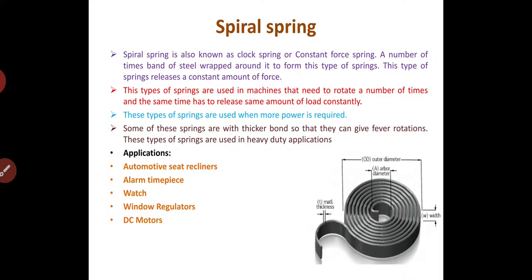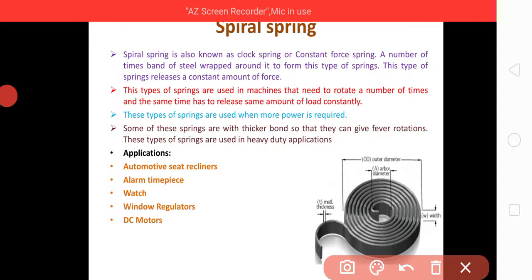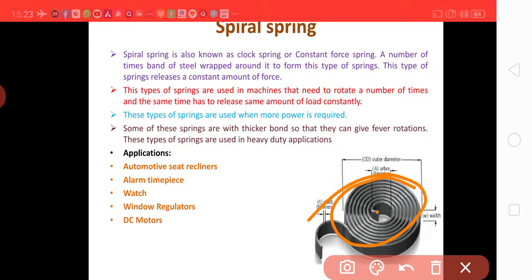A band of steel is wrapped around a number of times to form this type of spring. This is the spring. This type of spring releases a constant amount of force. So these springs are used in machines that need to rotate a number of times and at the same time have to release the same amount of load constantly.